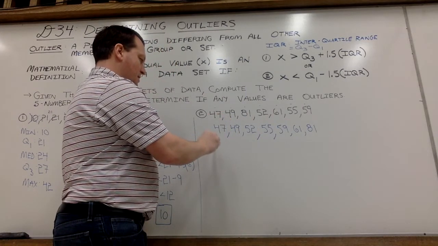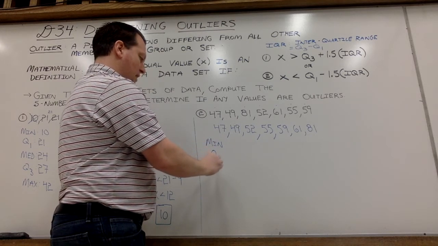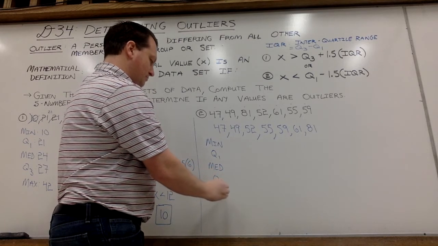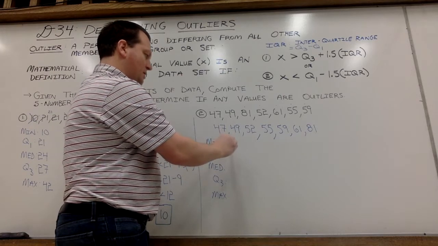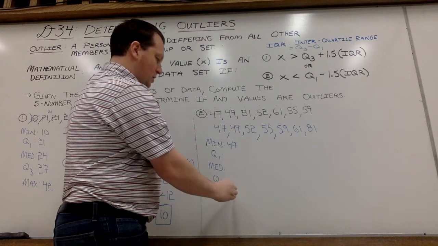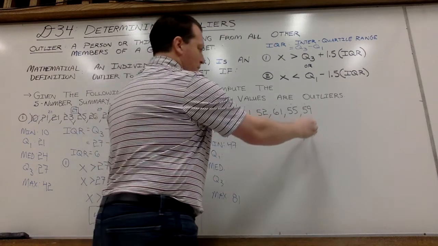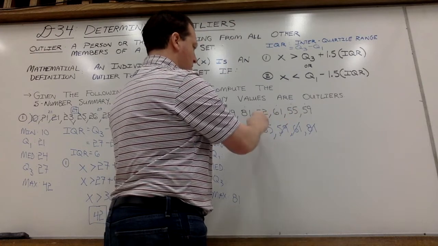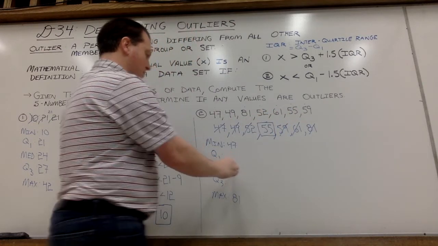I'll find the minimum, lower quartile, median, upper quartile, and maximum. Minimum 47, max 81. We'll find the median by crossing off. And again, box it up. 55 is my median.